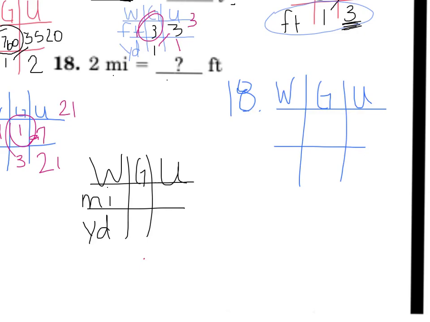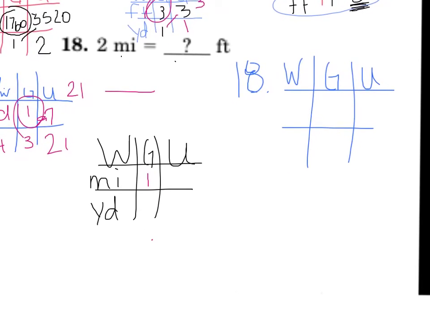Okay, the given numbers for those: 1 mile is 1,760. Okay, there's 1,760 yards in 1 mile. So how many would 2 miles be?